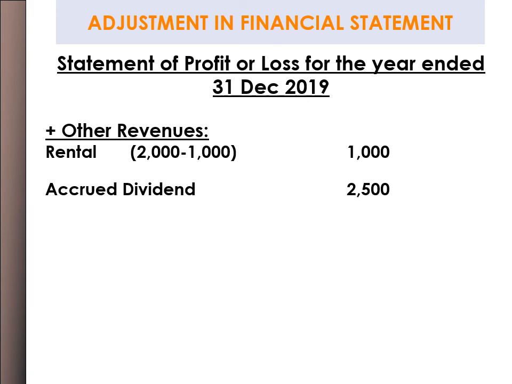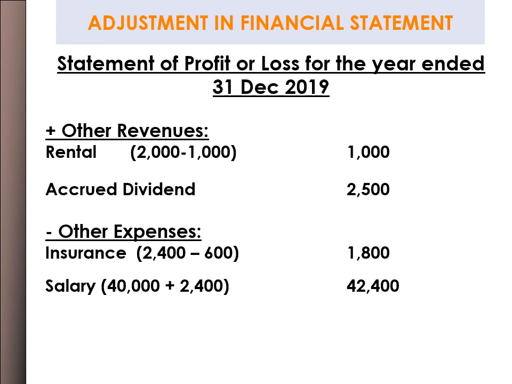So in your statement of profit or loss, you only record 1,000 ringgit for the revenues of rental received. And accrued dividend, you can just put dividend 2,500 ringgit in the statement of profit or loss because the 2,500 ringgit actually has not been paid yet by the bank.